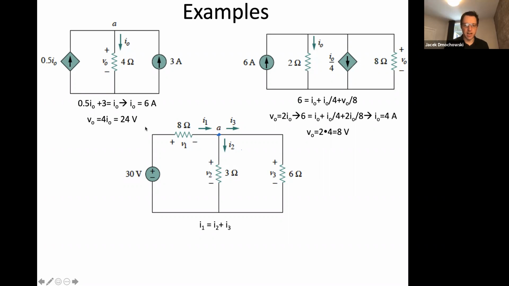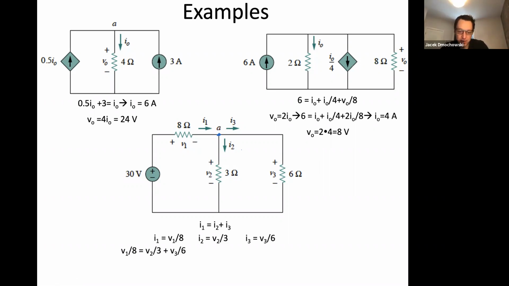Who can write a KVL for this left loop first? Minus 30 plus V1 plus V2 equals 0. Excellent. I did it differently, but what you're saying is completely right.